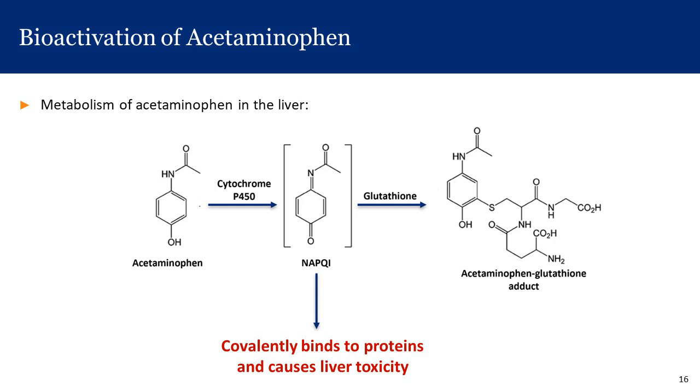Maybe a little fun fact, this is the reason why you shouldn't take acetaminophen after you had a couple of drinks the night before. The main reason is that by the consumption of alcohol, your body produces more of these cytochrome P450 enzymes. And so if you take acetaminophen, you actually form more of this toxic metabolite.